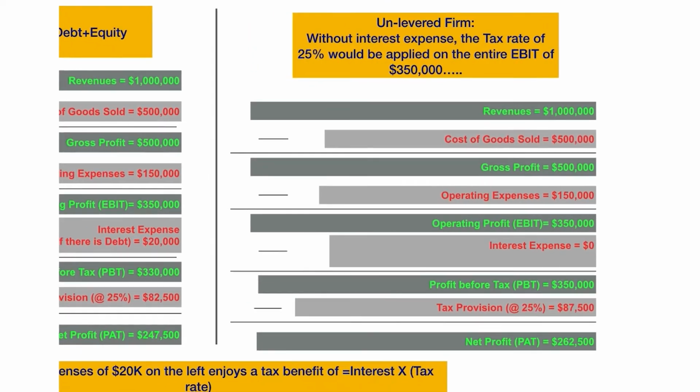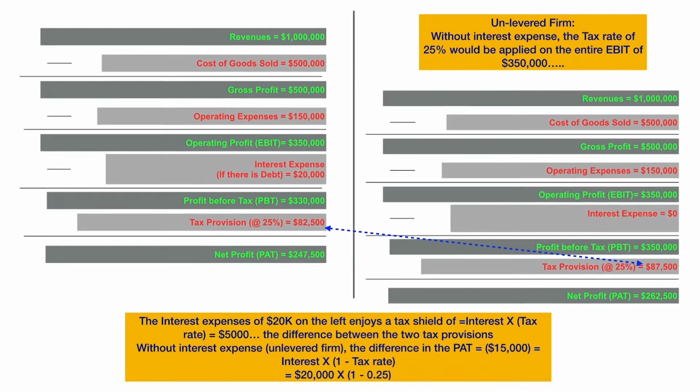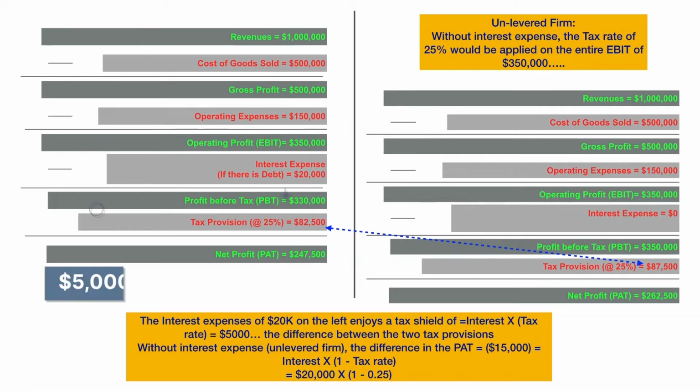So you can see that the difference between the left side and the right side is a $5,000 tax difference. The interest expense of $20,000 on the left enjoys a tax shield of the interest multiplied by the tax rate, which is $5,000. $20,000 multiplied by 25% is $5,000. And that is the difference between the two tax provisions.